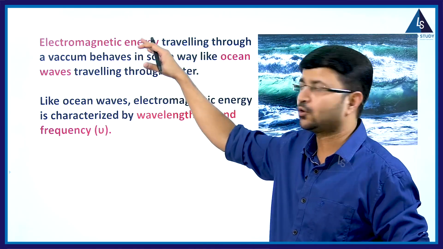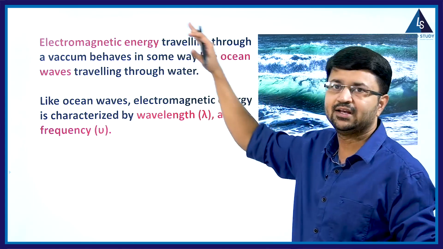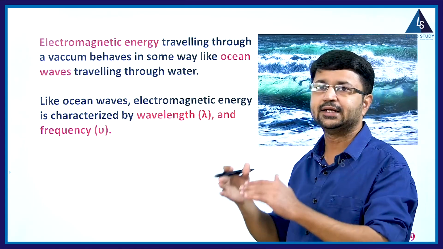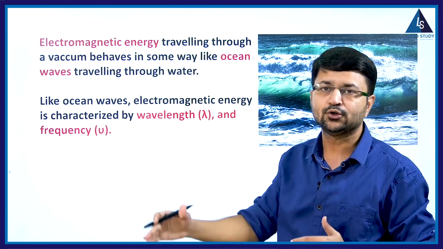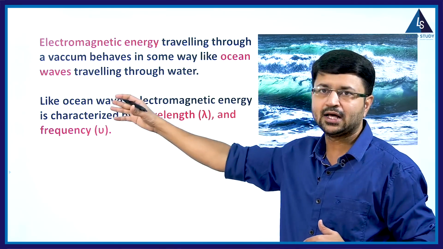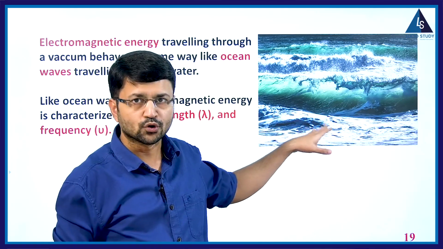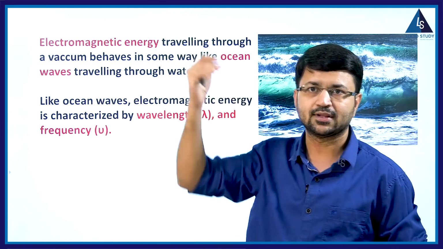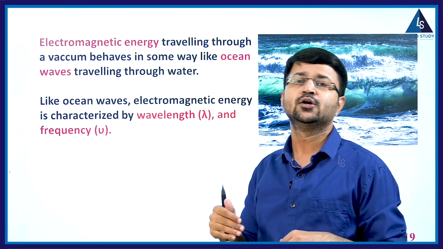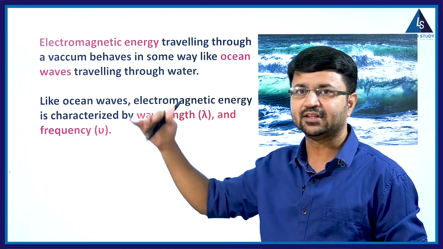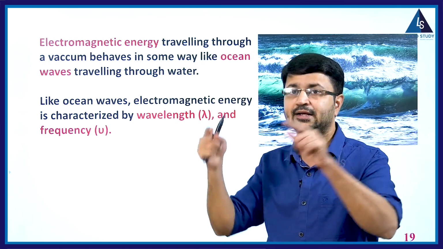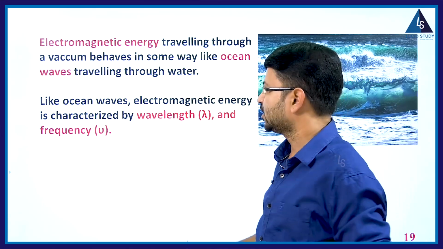This electromagnetic energy is traveling through vacuum, and it behaves in a similar manner to the waves generated in ocean water. Means whatever light is coming from the sun, it will have wave nature and it will have particle nature also.